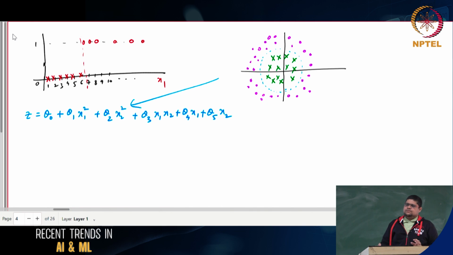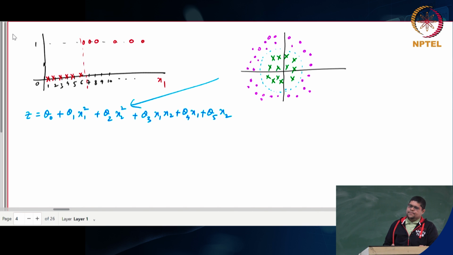Okay. So is this a linear combination? No, right?